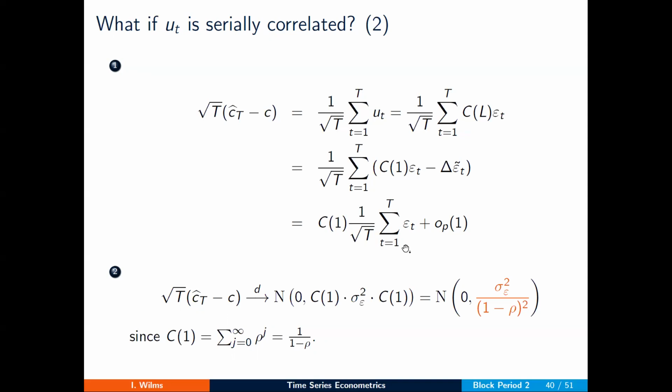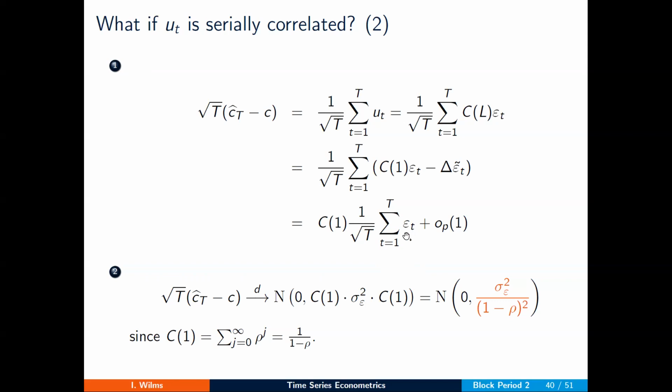Why do I want to isolate the first term? Well, I can then derive the limiting distribution of the left-hand side, making use only of the central limit theorem for IID sequences, the epsilons here.